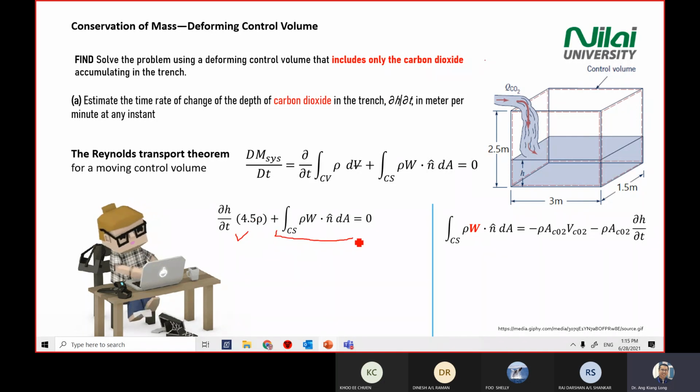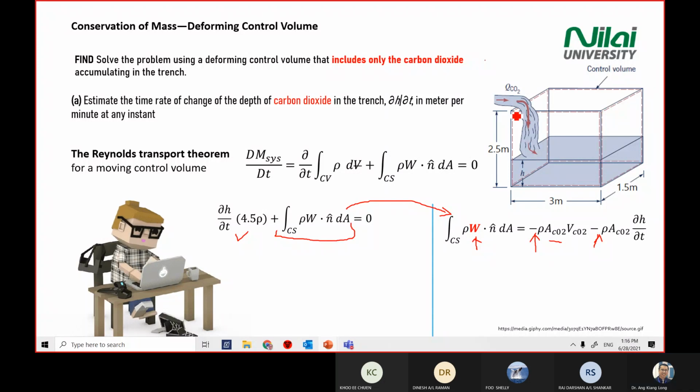Now you try to solve for the control surfaces. For the control surfaces, remember, you're looking at W. There you look at the CO2 scenario. So you have a negative rho because the CO2 is coming in, so it's negative. And the other side is also negative because the H is actually decreasing.